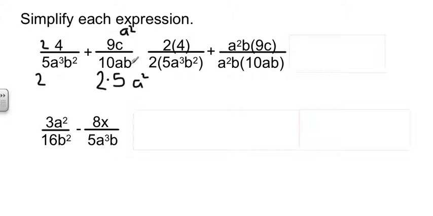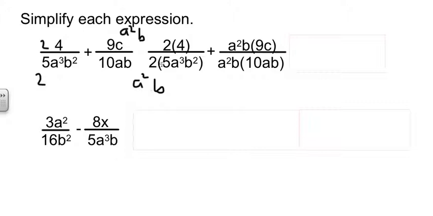This one has 2 B's, this one only has 1, so it needs 1 more B. And that's what I've multiplied by in the first fraction. I've multiplied by a 2. In the second fraction, I've multiplied by an a squared b.